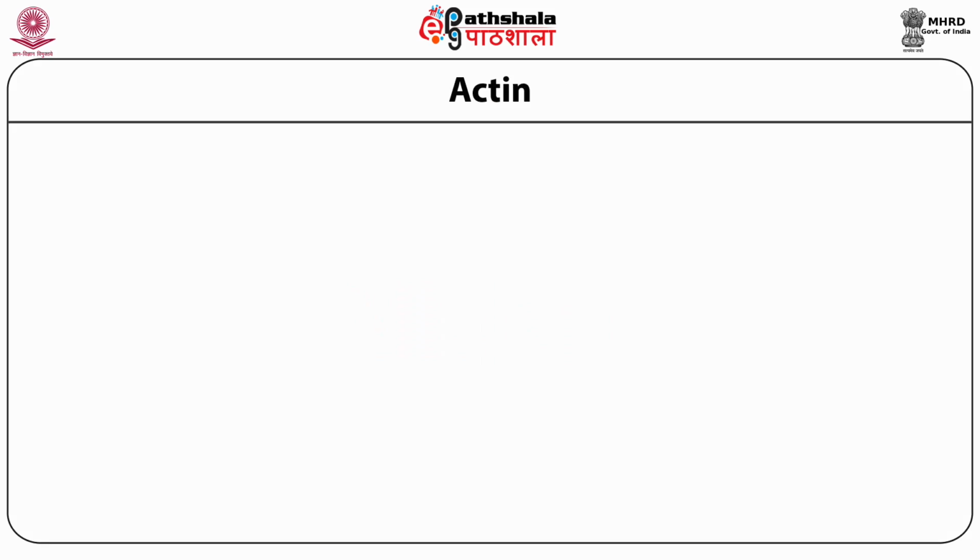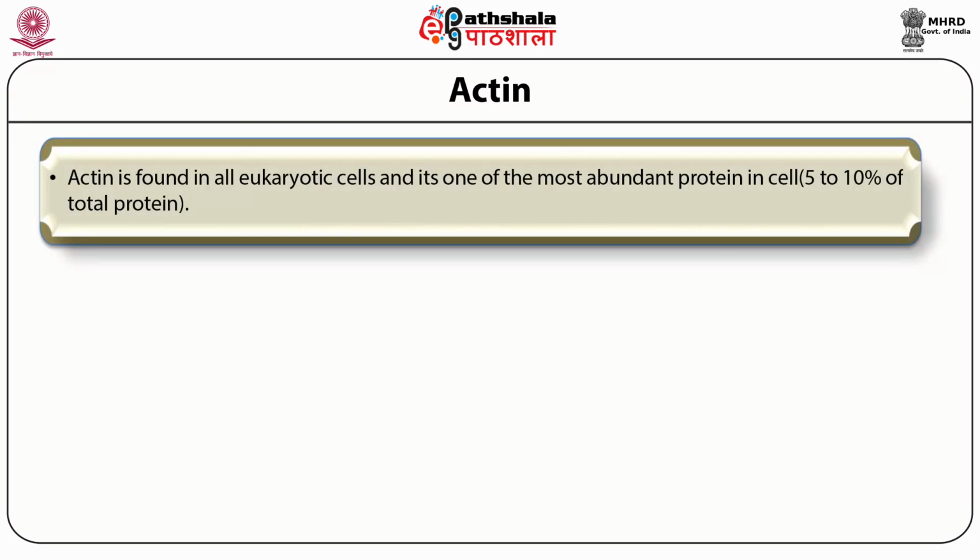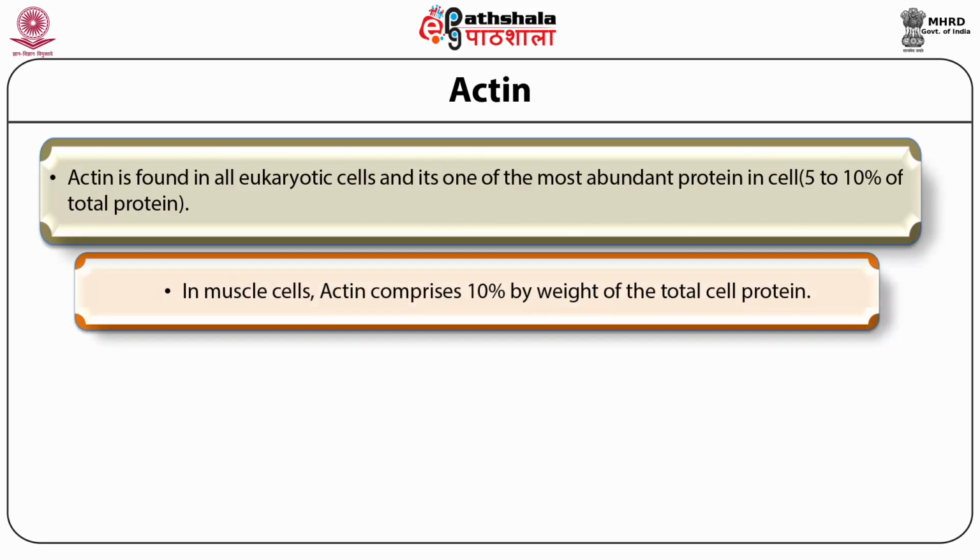Actin. Actin is found in all eukaryotic cells and it is one of the most abundant proteins in all cells. In cells, the total protein component of actin varies from 5 to 10%. In muscle cells, actin comprises up to 10% of the total weight of the cell protein.